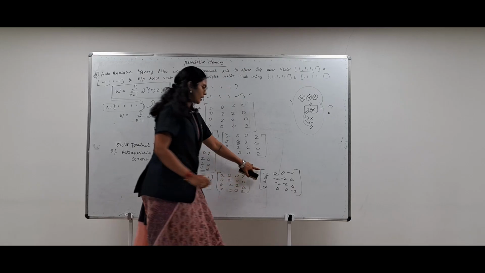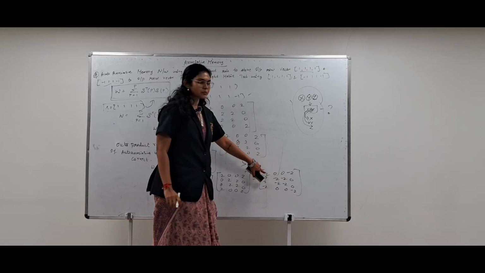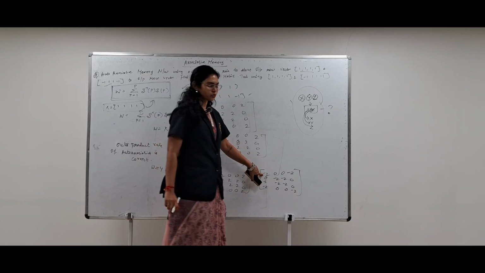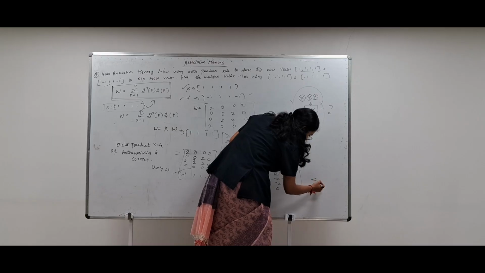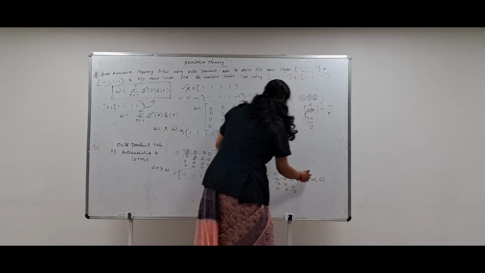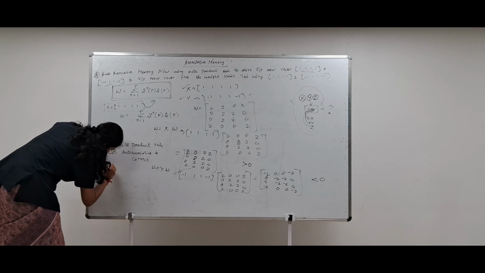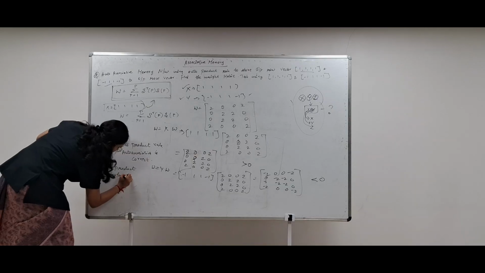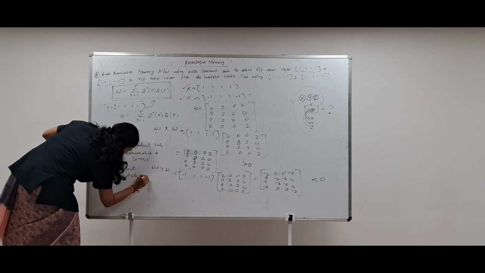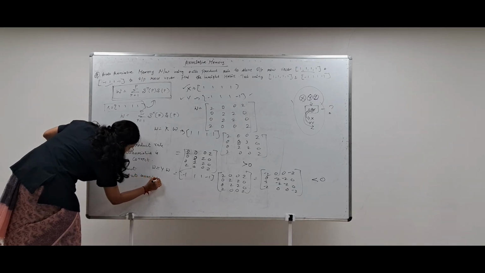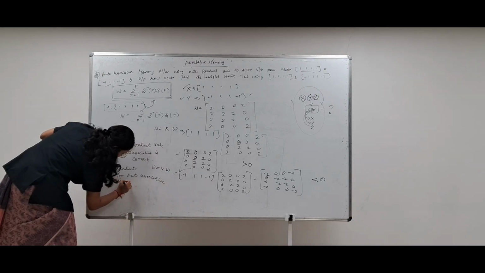Here the answer is forming in negative values, which is lesser than 0. So the outer product rule for this one, auto-associative, is not correct.